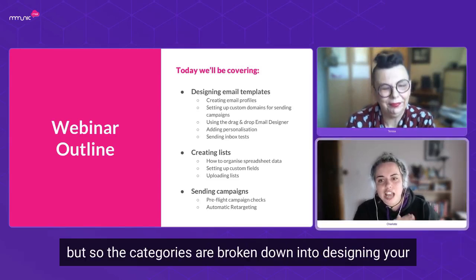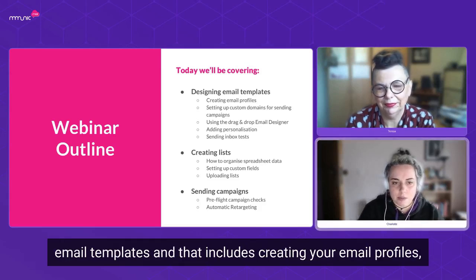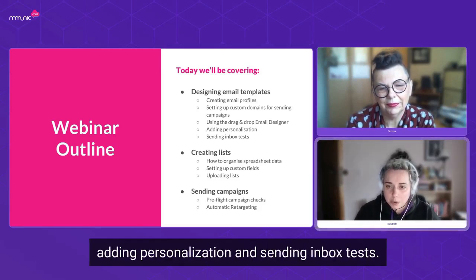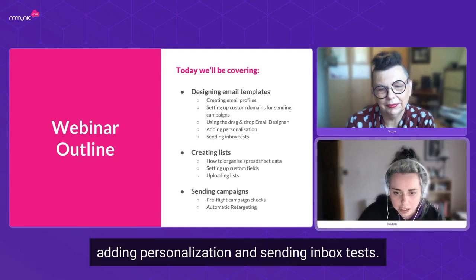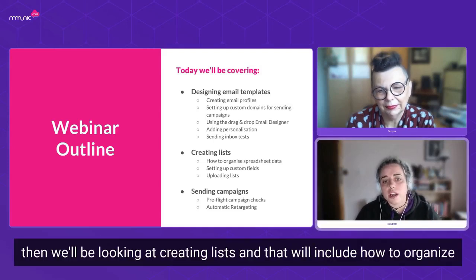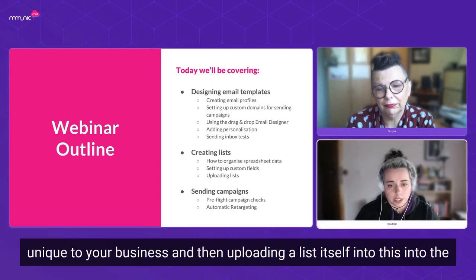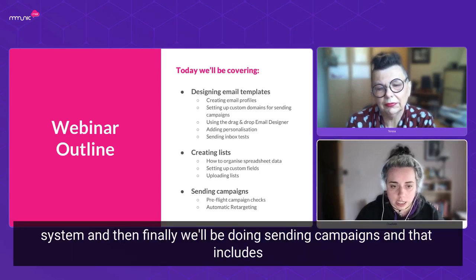The categories are broken down into designing your email templates, and that includes creating your email profiles, setting up custom domains, using the drag and drop email designer, adding personalization, and sending inbox tests. Then we'll be looking at creating lists, which includes how to organize data in your spreadsheets, setting up custom fields to load data that's unique to your business, and then uploading a list itself into the system.